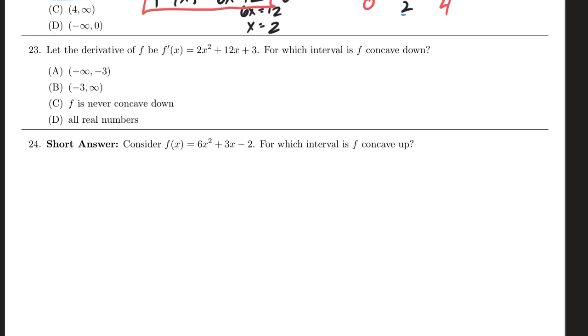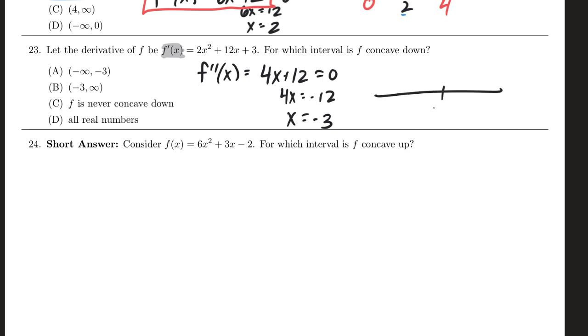At 23, they give us the derivative function. So again, always make sure you look at what function they're giving you. We want to figure out when it's concave down. Since we already have the derivative, we need to take the derivative one more time to get the second derivative. That's going to be 4x plus 12. It's just like the previous problem, so we set it equal to 0. Subtract 12 in this case, and divide by 4 to get negative 3.